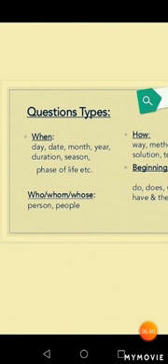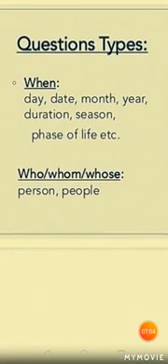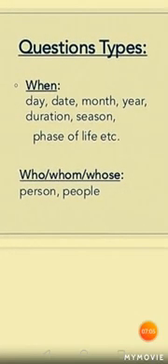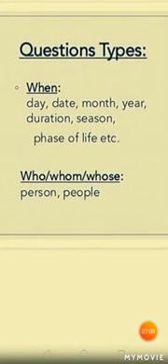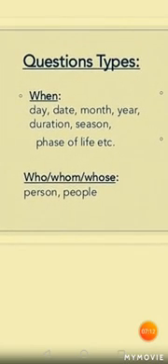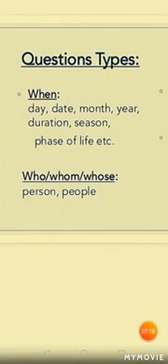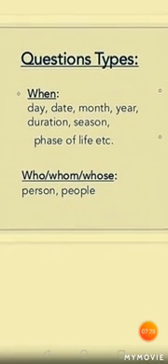Certainly, the year is to be mentioned in the answer. Questions that begin with who, whom, whose demand a person or people in the answer. For example, who slapped Hazrat Asma? Whose earring fell off? Whom did Hazrat Asma Radhiyallahu anha pose a counter question?